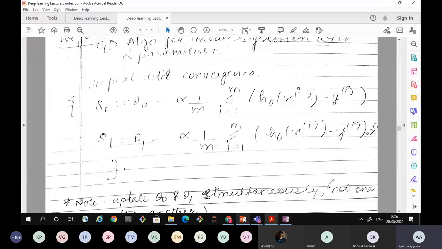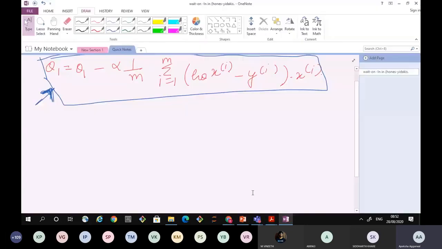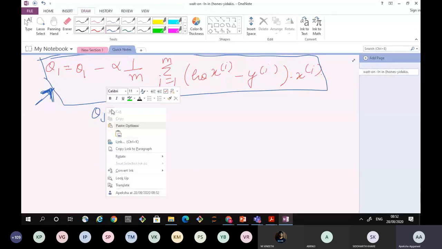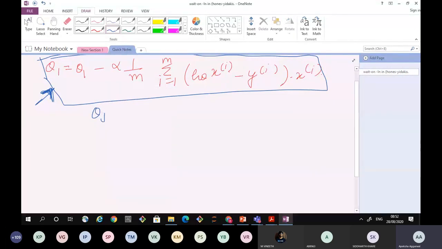Okay. One thing that we have not discussed in the last lecture: we know that we are updating theta j by, what is happening outside, del by del theta j. This is the gradient descent algorithm.